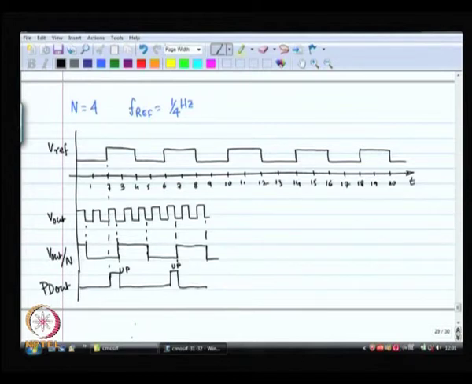So, for 1/8 of the time you have got up. Remember, I put a phase lag of pi degrees over here. Okay. Pi degrees typically corresponds to, it is half of 2 pi.